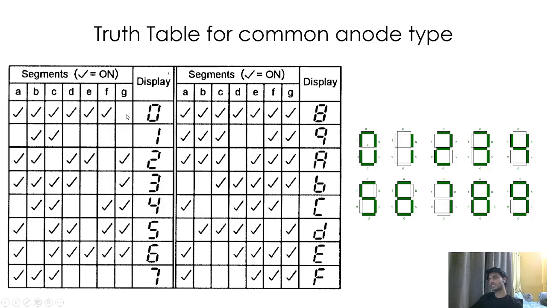Here only G is missing, then we can obtain 0. And if we are turning off A, D, E, F, and G, basically these are all ones, and B and C are 0, then we will have the following code as 1. So these are the results we will get, 0 will be this, 1, 2, 3, and so on. We can make any kind of combination following this pattern.